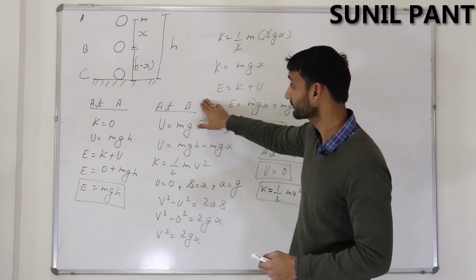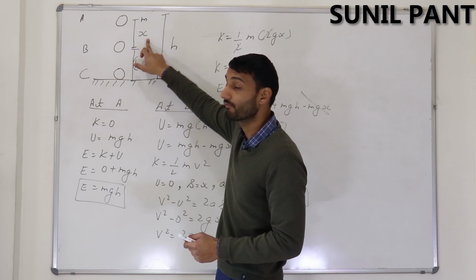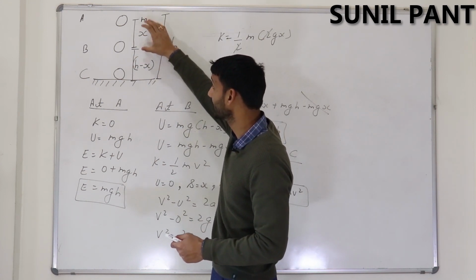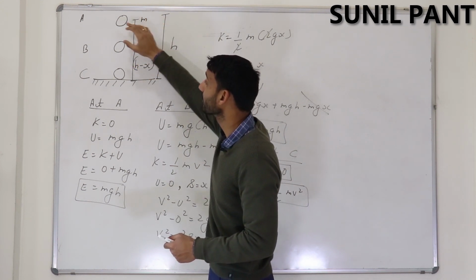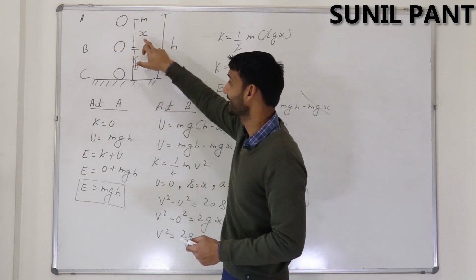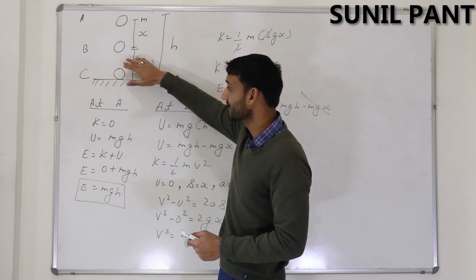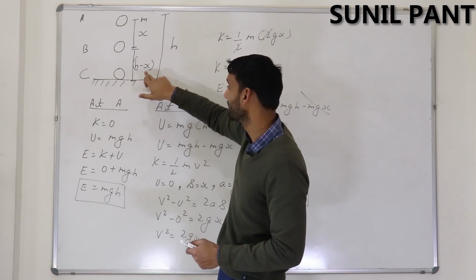Now at B, the body has travelled a distance x from where it started. So the displacement done by the body, or the distance moved by the body from point A to point B, is x. Now what is the height at which the body is now from the ground? The body is at a height of h minus x.